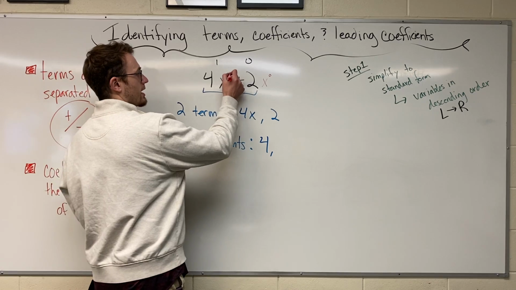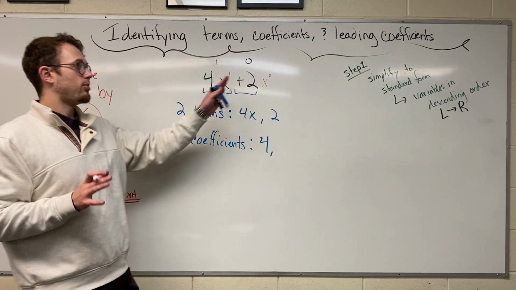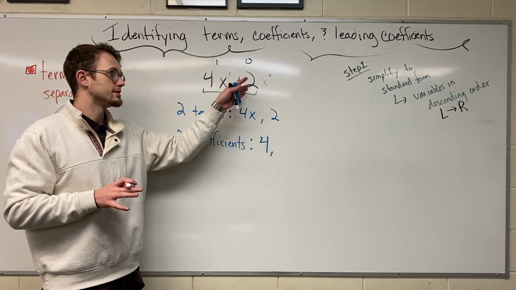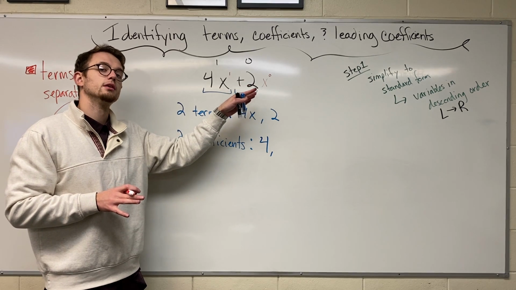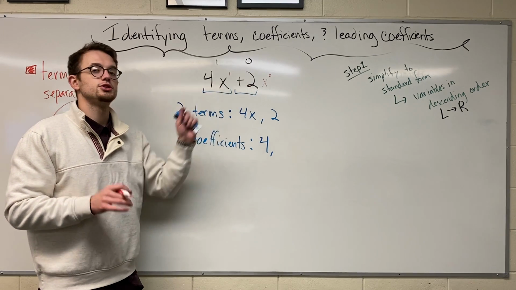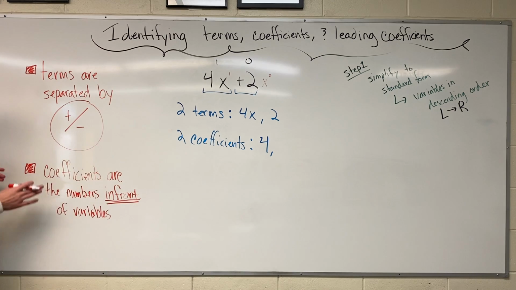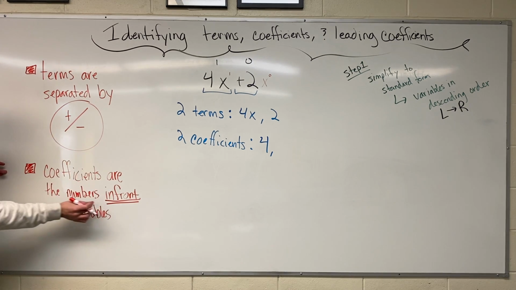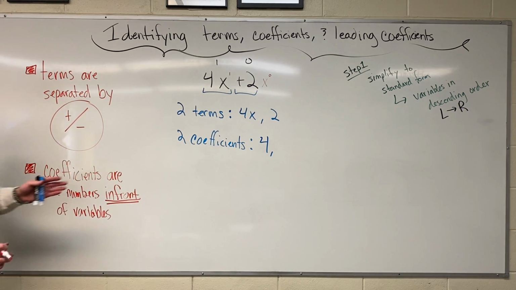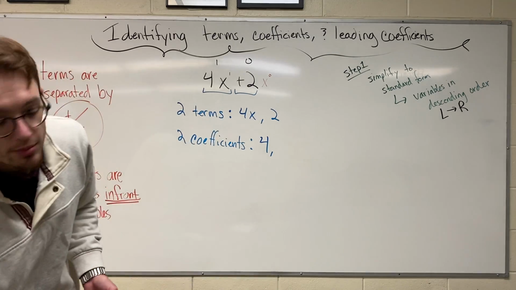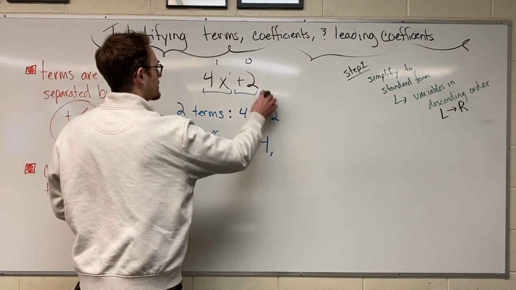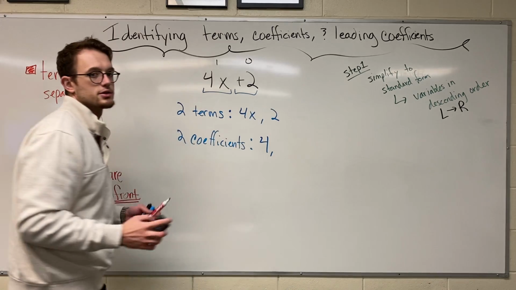And this is to the first power. But the point is this 2 is also a coefficient. So even though it's just a number, and the definition, coefficients are the numbers in front of variables, even though you don't see a variable there, it is actually in front of 1.